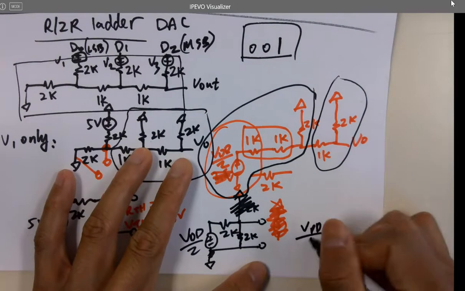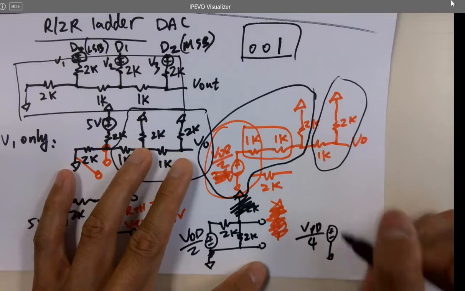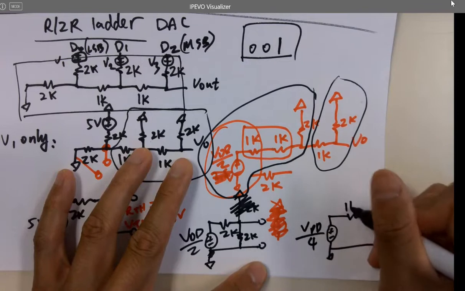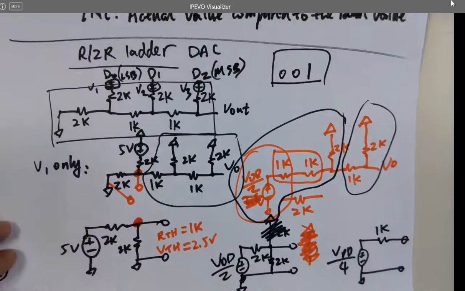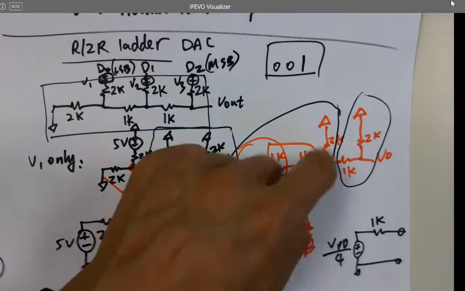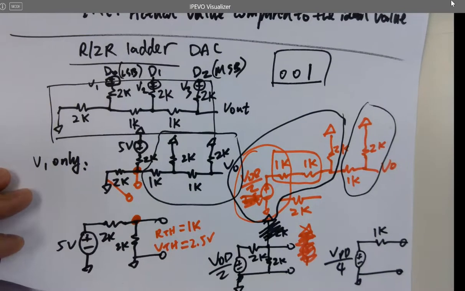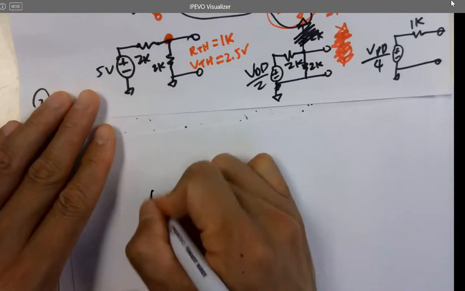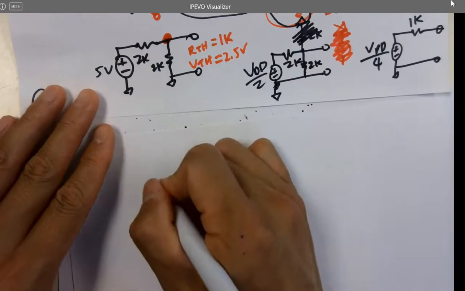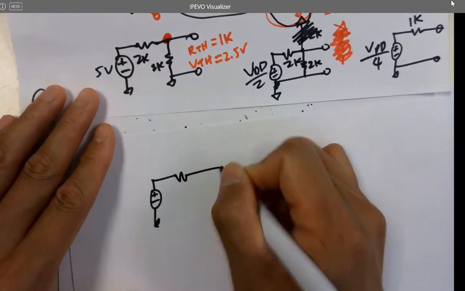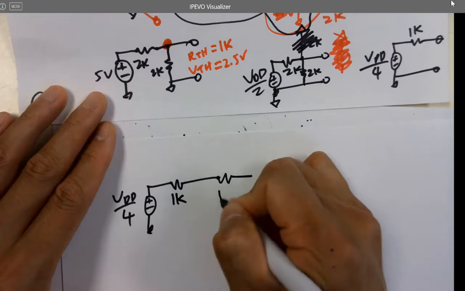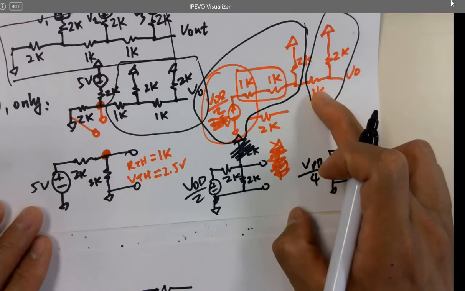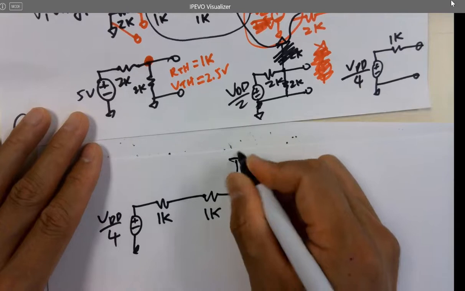VDD over 4, with 1K. Then plug this back in here. And you're getting VDD over 4, that's 1K, followed by 1K, which is this one, and going up is 2K.